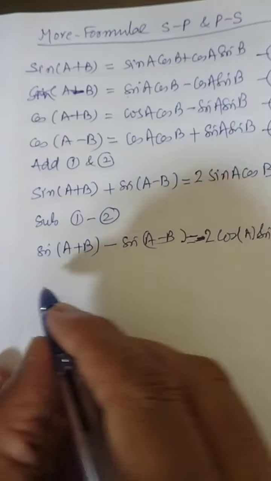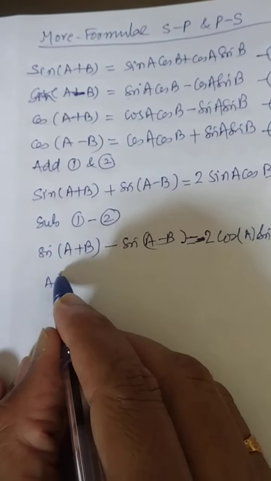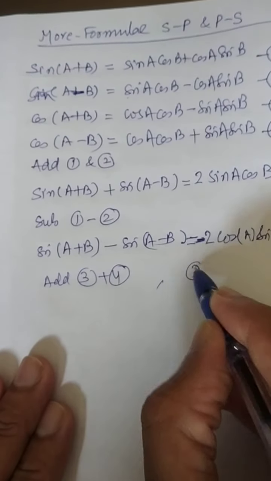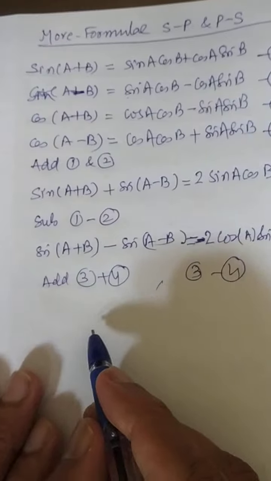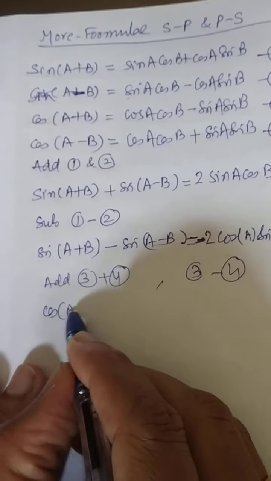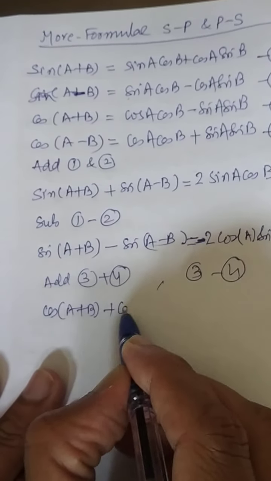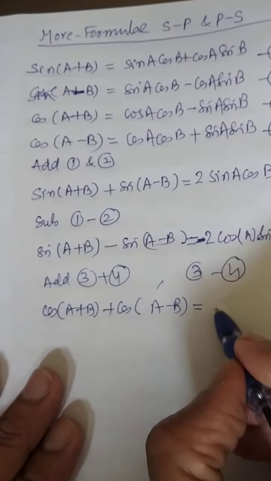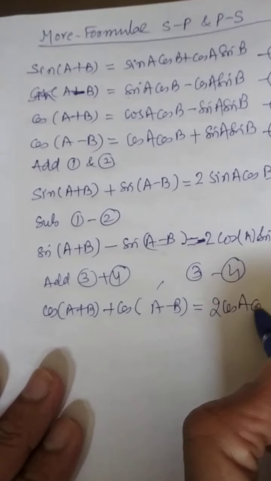Is it okay? Now similarly add 3 and 4 and then subtract 3 and 4. You will get a few more remarks. It will be cos of a plus b plus cos of a minus b. Look at the expression. Which term will get cancelled? It will be 2 cos a cos b.